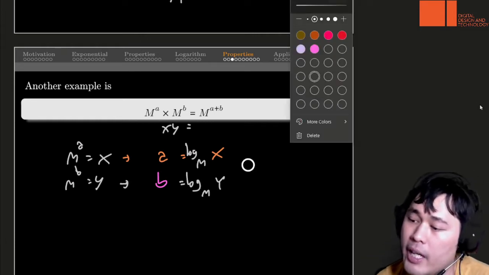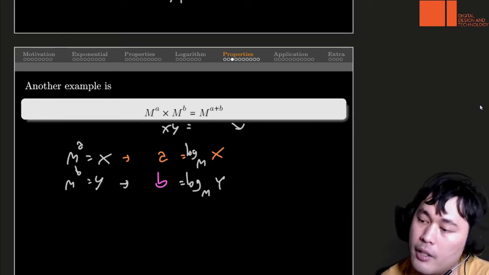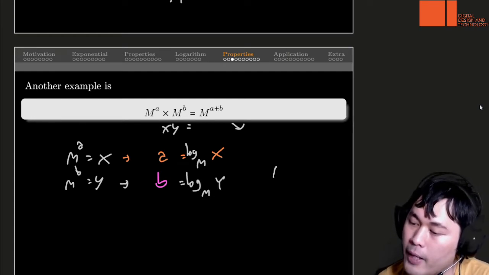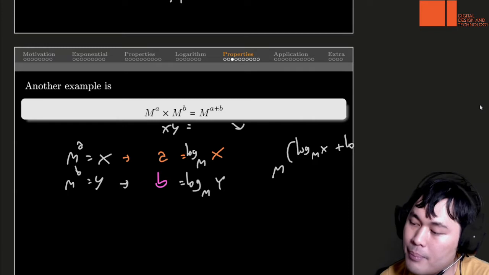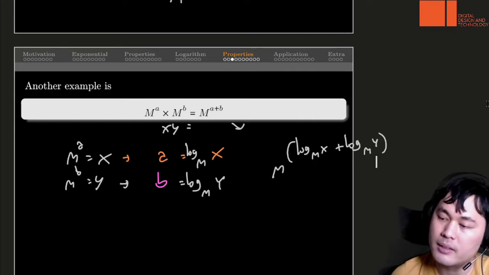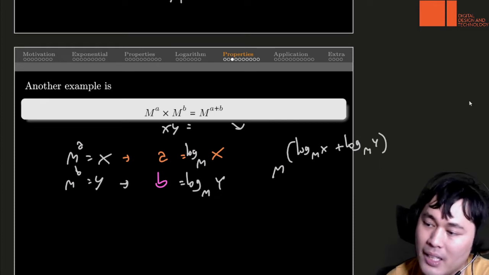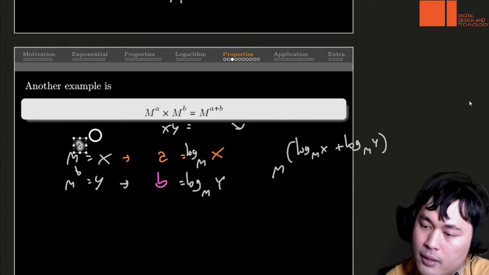So what you have here now is m to the power of log base m of x plus log base m of y.